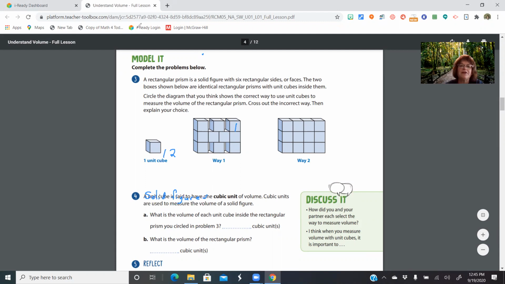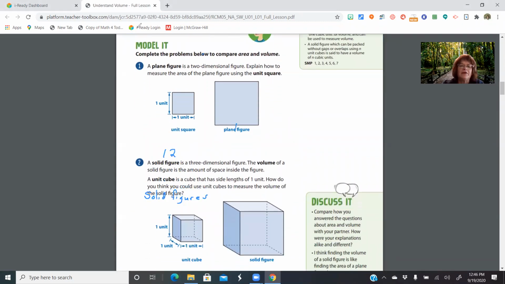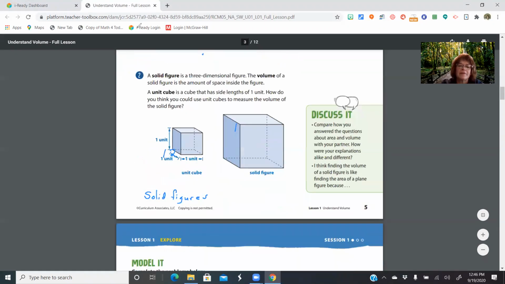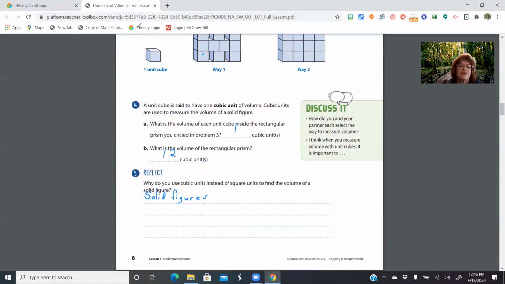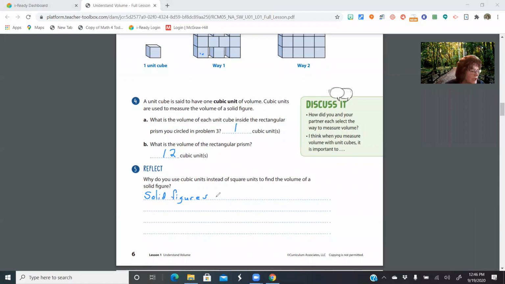So it's 3-dimensional. But a square unit, if we go all the way back and look at the plane figure, only has 2 dimensions, a length and a width. So a square figure has 2 dimensions, and a solid figure has 3 dimensions. So we would write, solid figures have 3 dimensions.